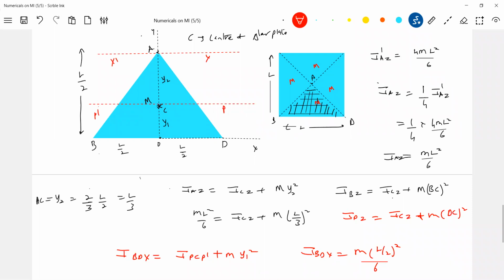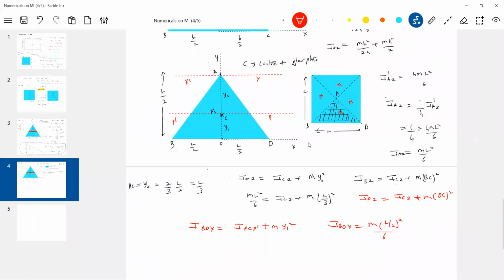If you know IPP dash, then you can calculate IXAX dash. Almost everything about the triangle will get over here only. You can see here now. So next again, IXAX dash should be equal to how much? IXCX dash plus M into y2 square.